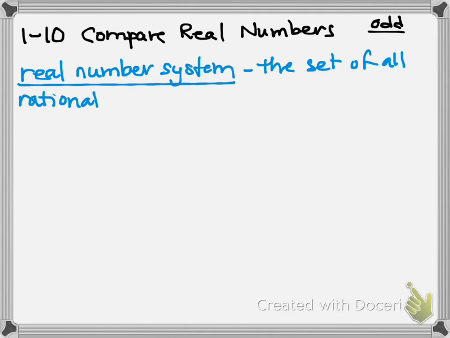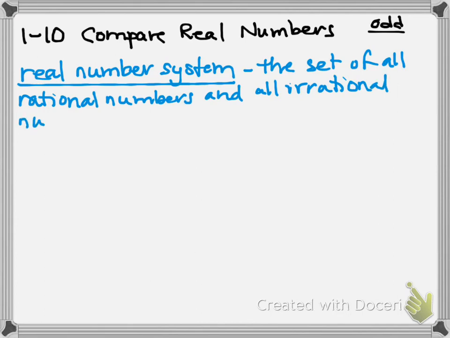So it includes whole numbers, natural numbers, 0, negatives, fractions, and decimals, both repeating and terminating. That's pretty much most of what we've talked about. So the set of all rational numbers and all irrational numbers, all the ones that we can't take square roots of, are included. Those are all the numbers you've ever studied under one big umbrella called the real number system.